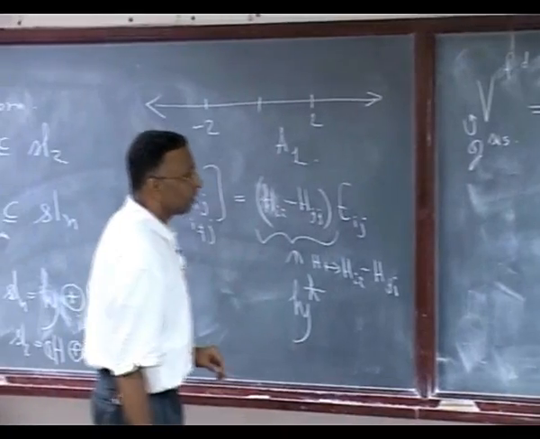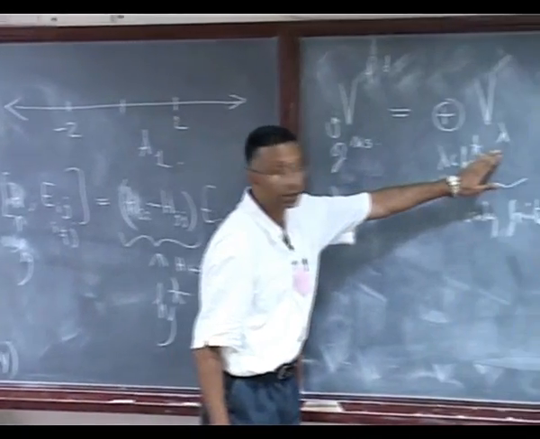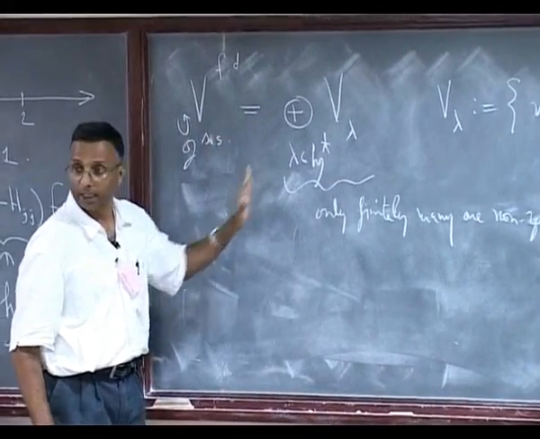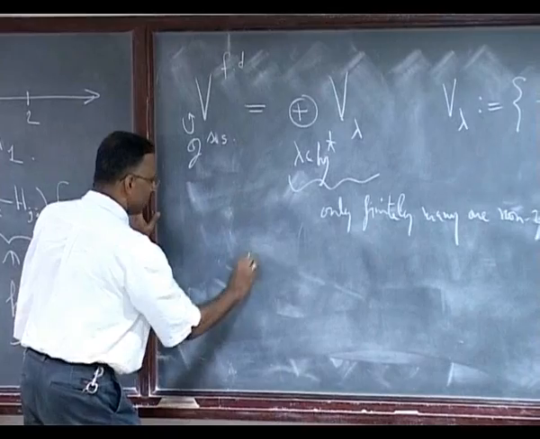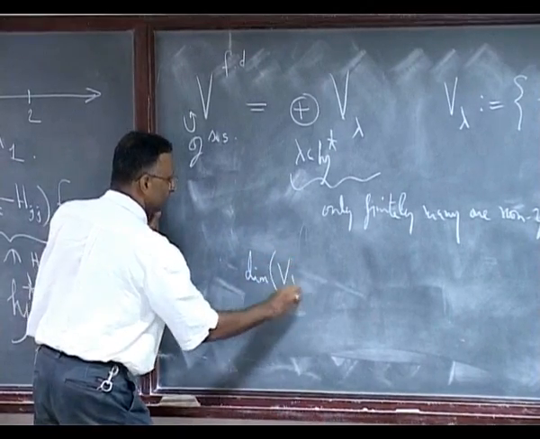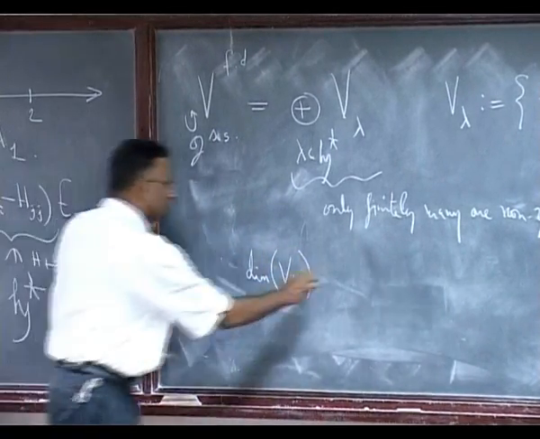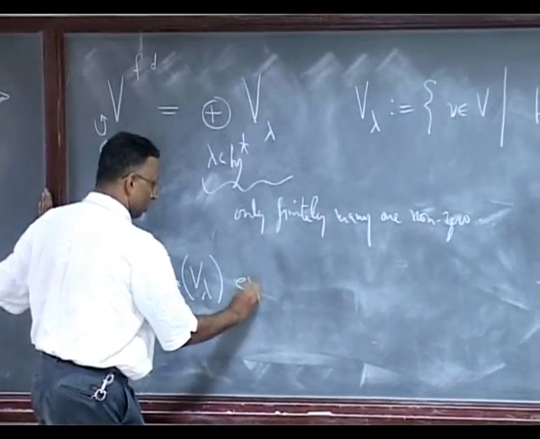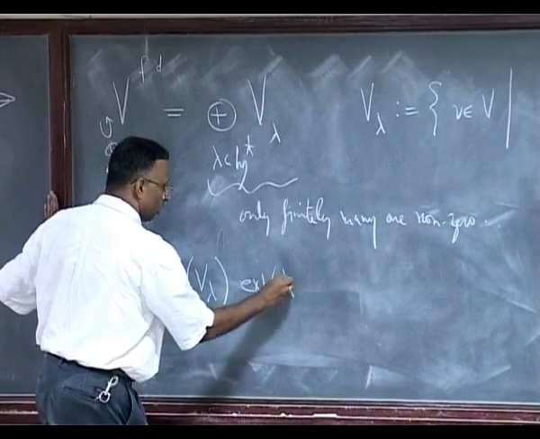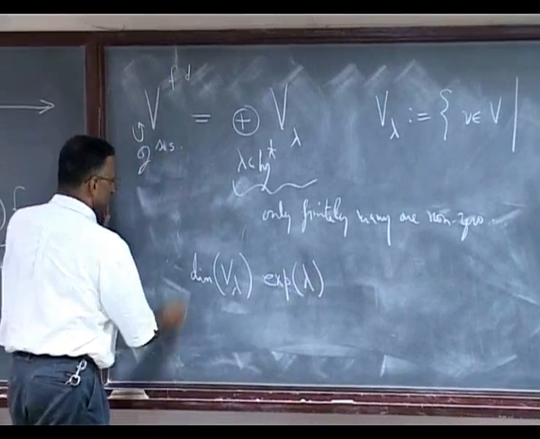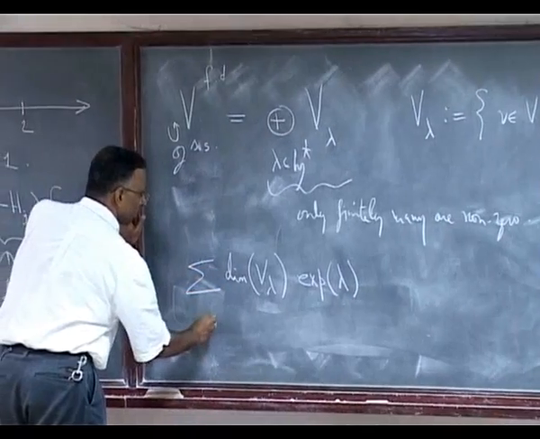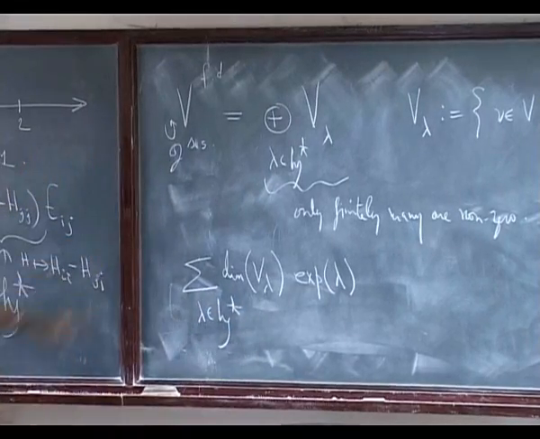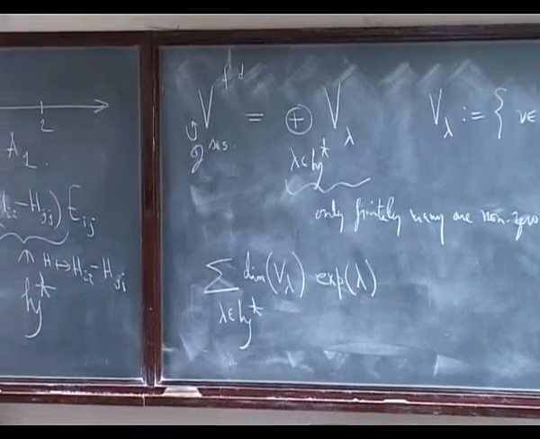And what I can do is attach to this vector space V the following element. I take the dimension of V lambda, put a formal symbol exponential of lambda, and sum over lambda.